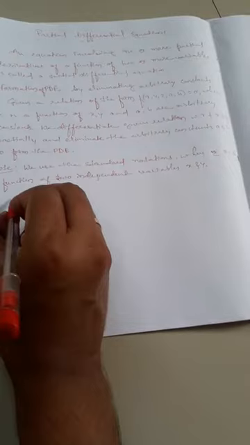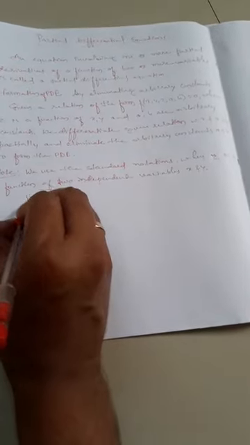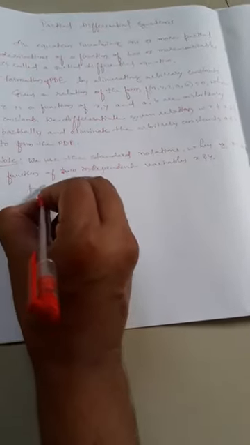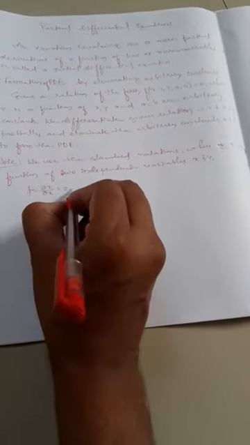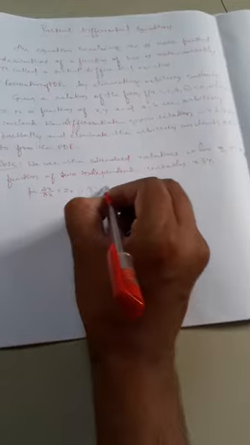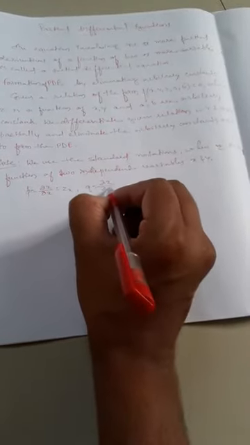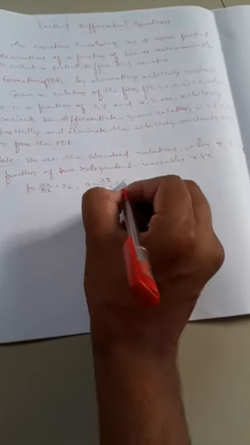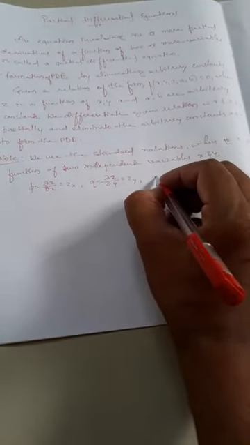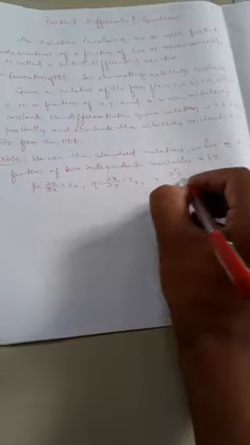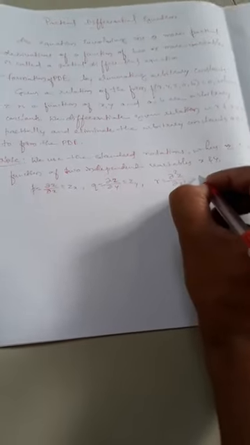For this we have the notations for first order and second order. p equals dou z by dou x, we denote it as zx. Similarly, q equals dou z by dou y, denoted zy. The second order is r equals dou 2z by dou x square, denoted zxx.